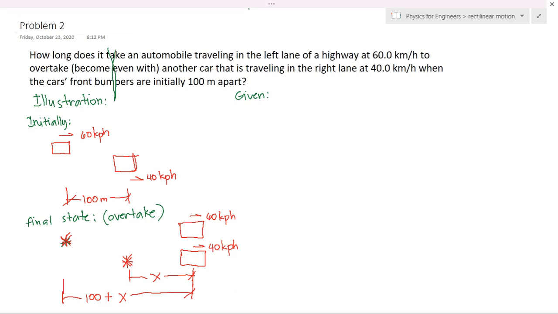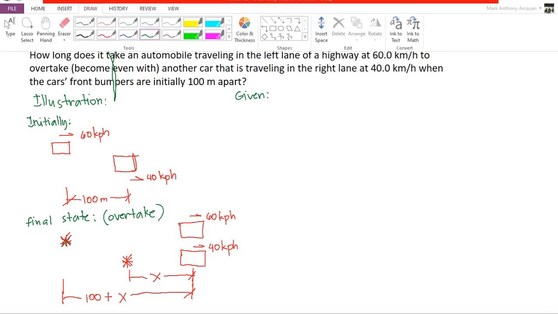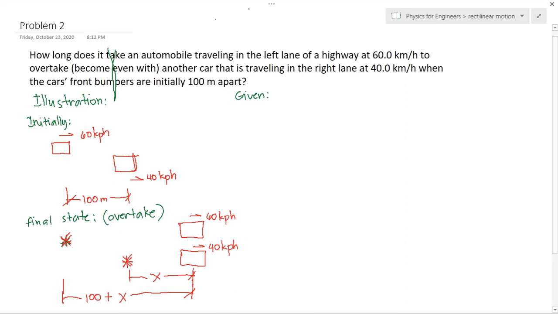So let's have 60 kph. This is for speed of the left na vehicle. So ganun.